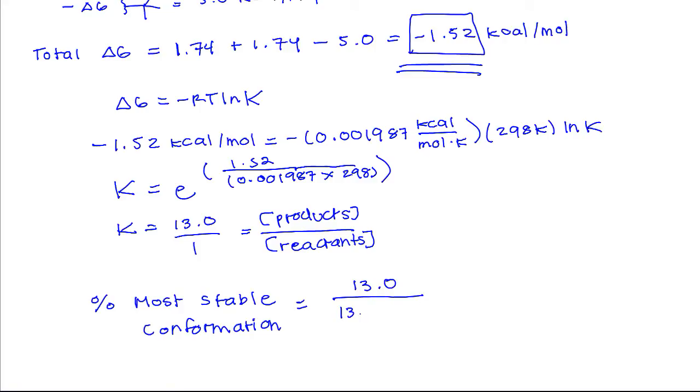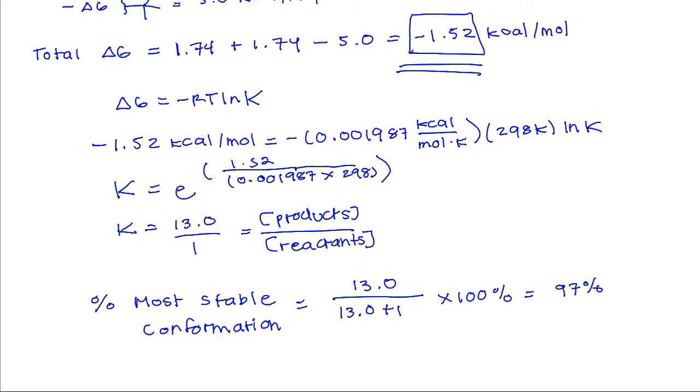So 13.0 plus 1, and since it's a percent, we'll multiply by 100%. And if you do this, we get 97%. And one way to check yourself is if it's in the most stable conformation, it should be a high percent. It has to be higher than 50%.